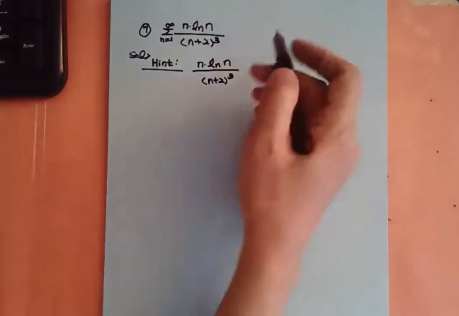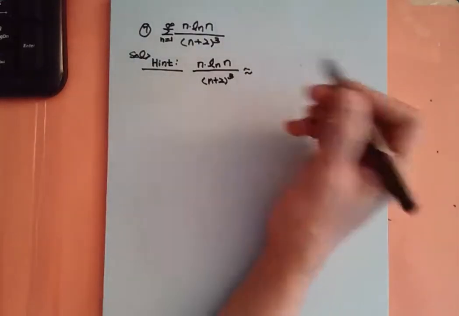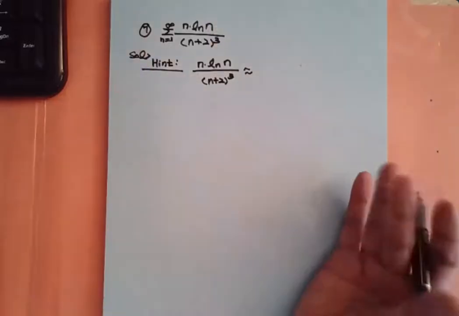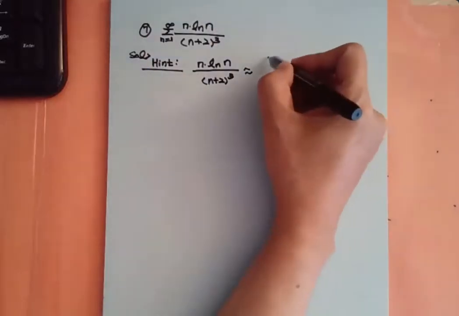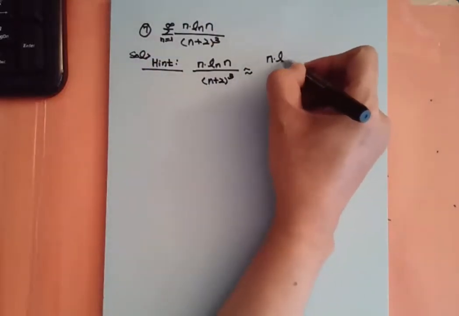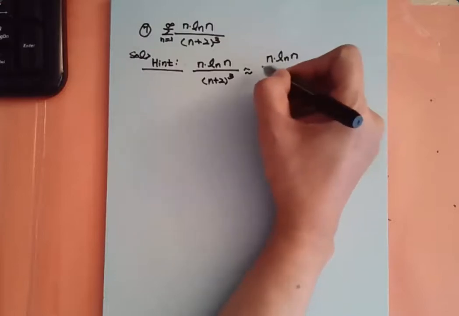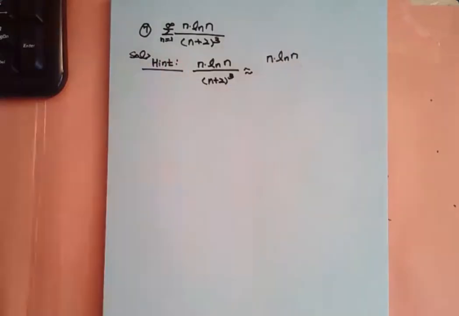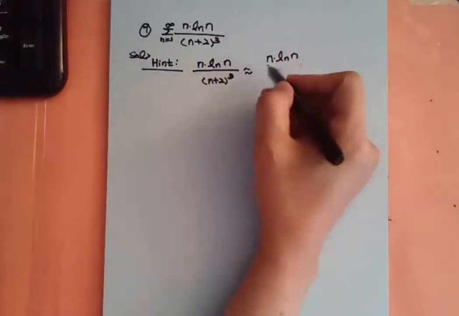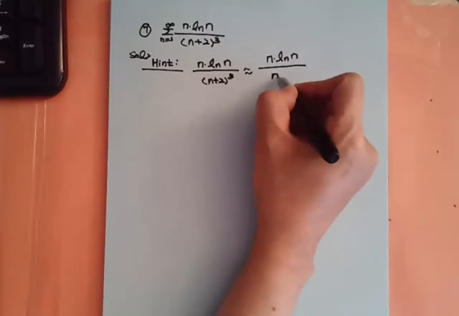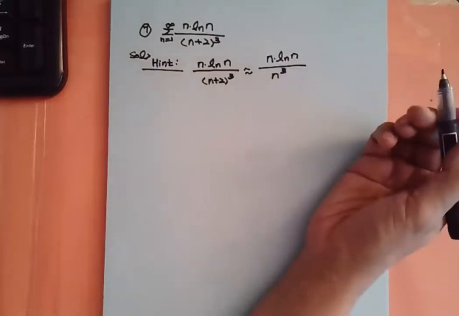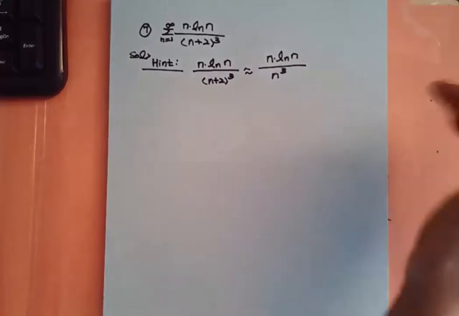As we have been doing, we will just ignore the lower degree term. The numerator has one term, so we leave it as it is. And the denominator is a degree 3 polynomial, so we just make it n cubed and ignore any other lower degree term.